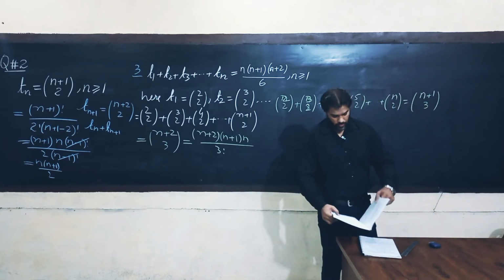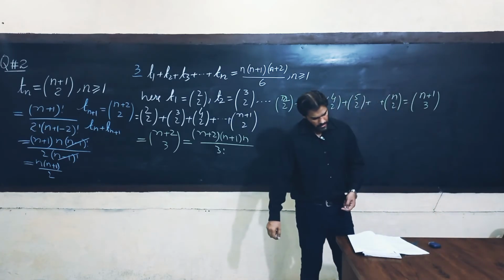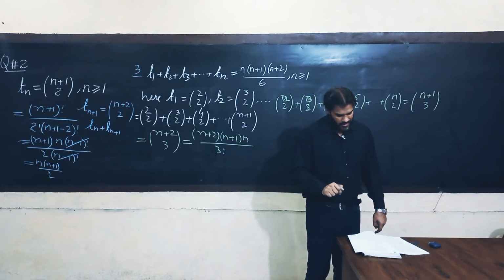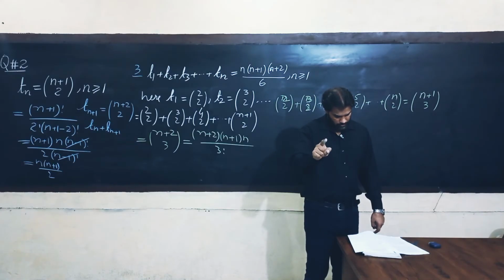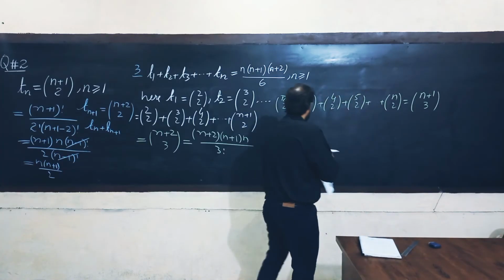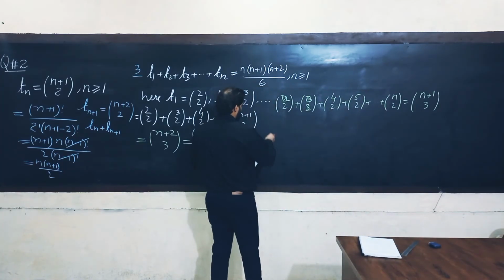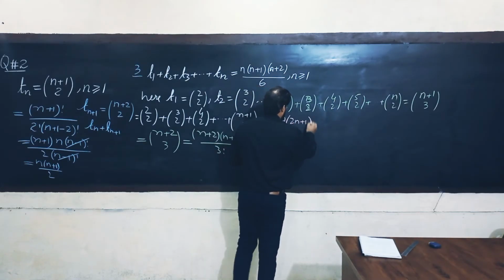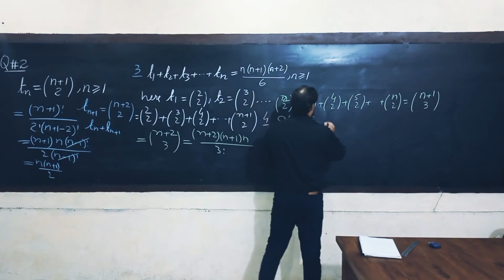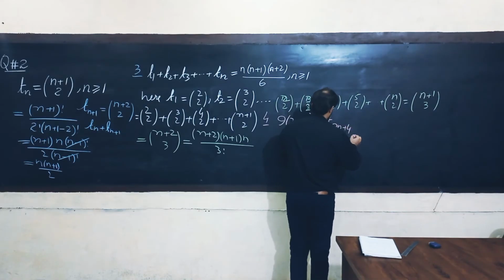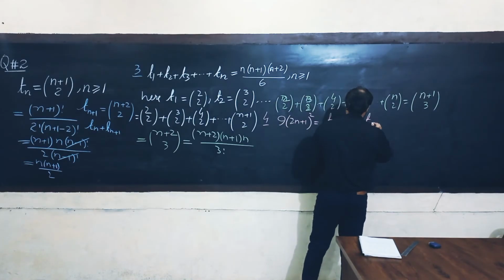Next, question number 4. In question number 4, the statement is: prove that the square of any odd multiple of 3 is the difference of two triangular numbers. Specifically, 9 into 2n plus 1 whole square is equal to T 9n plus 4 minus T 3n plus 1.